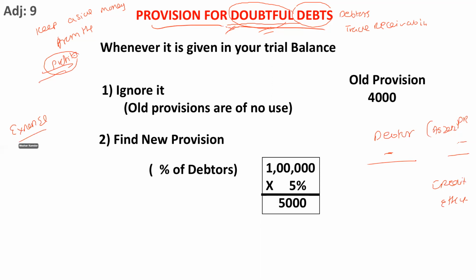You do not use these profits, or you could say profits minus, or credit minus, and if you minus from the credit, it is a debit effect. So when you have a provision for doubtful debts, the two effects are that you remove it from debtors and show it as an expense, or in other words, you keep aside the profits.